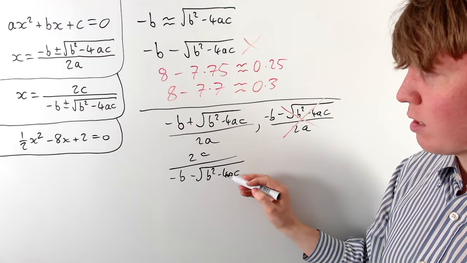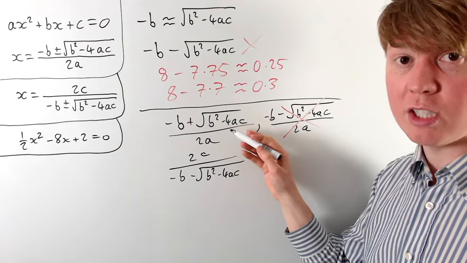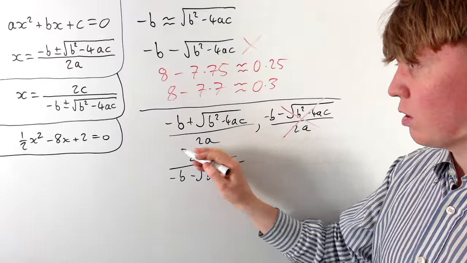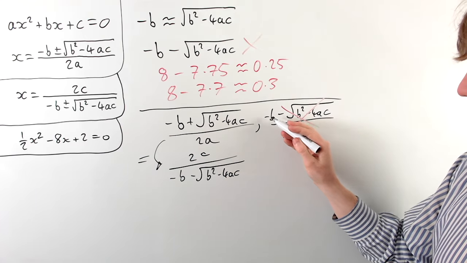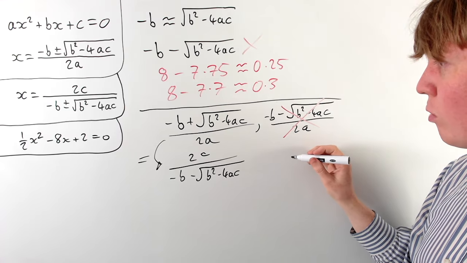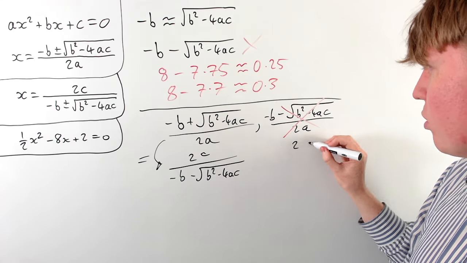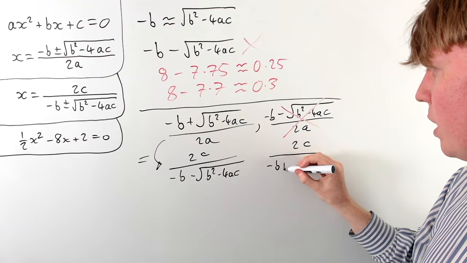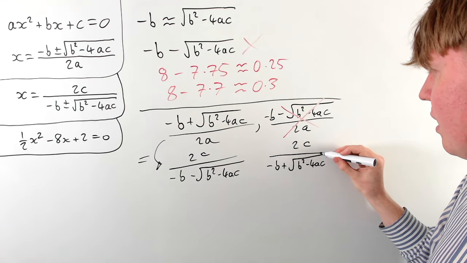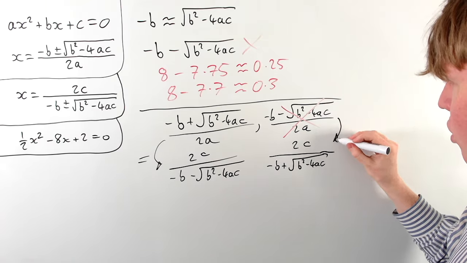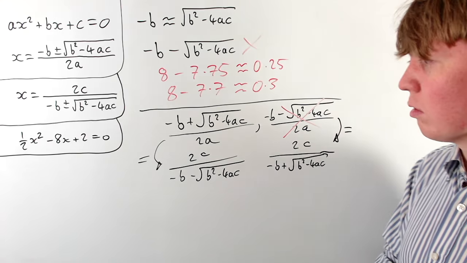When we rationalise the denominator, or go in the other direction, rationalise the numerator, you see that these two are equal to each other. Similarly, this one where we have minus b minus the square root in the numerator is equivalent to 2c over minus b plus the square root of b squared minus 4ac in the denominator. So you can see that these two are equal to each other as well.